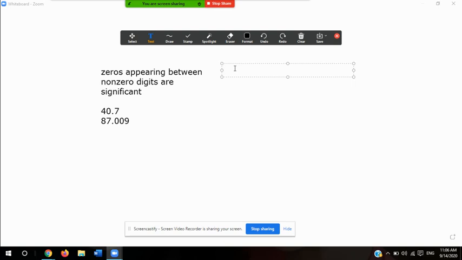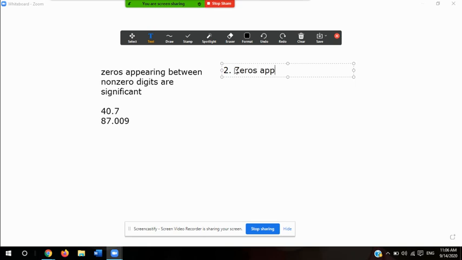Rule number two, which is in your textbooks, says that zeros appearing in front of all non-zero digits are not significant.